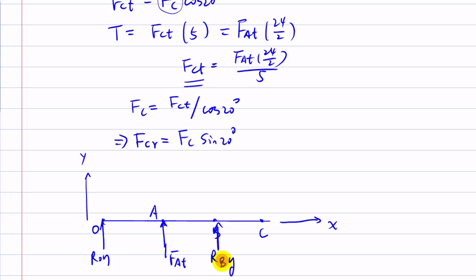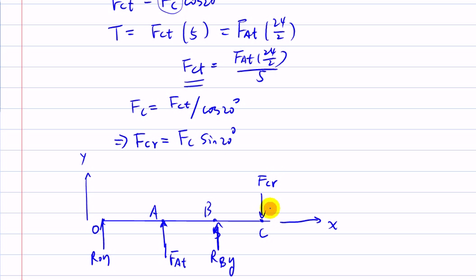Now, for these two, ROY and RBY, we don't know which direction they point yet. So at the beginning, I can simply assume the direction points up. After you calculate, if the force is in the opposite direction, then you change that. At the C location, you have the FCR.